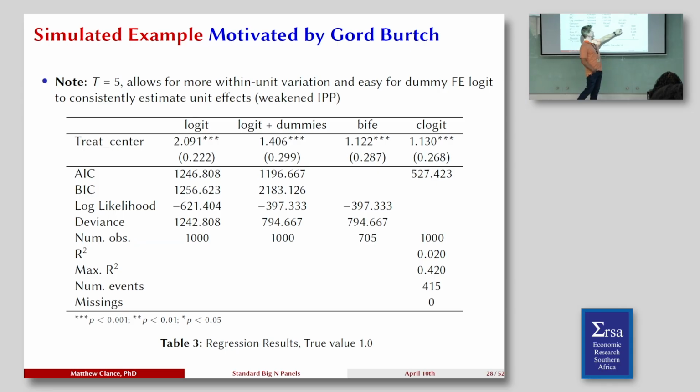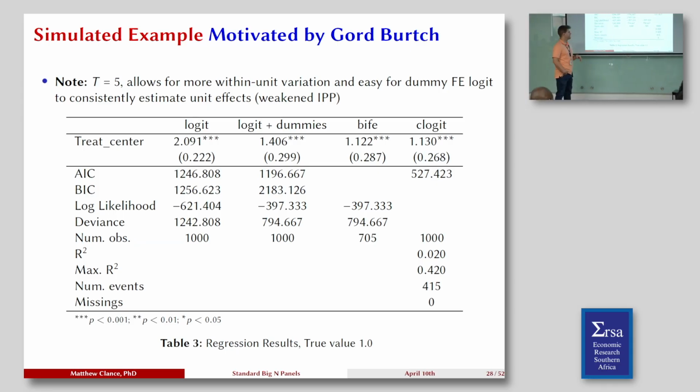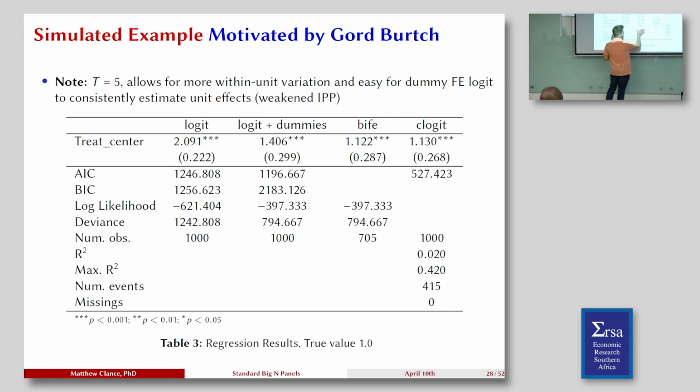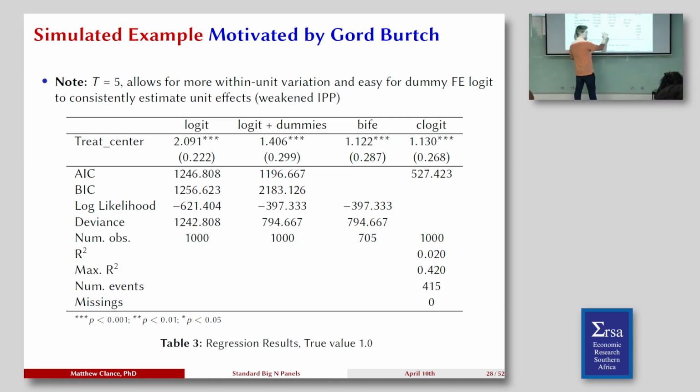There is one command that you could use. It's called BIFE. Basically, I think it stands for bias-corrected fixed effects model. What it does is estimate the model just like the one here with the Logit and dummy variables. But then in the calculation, it actually does an analytical correction.